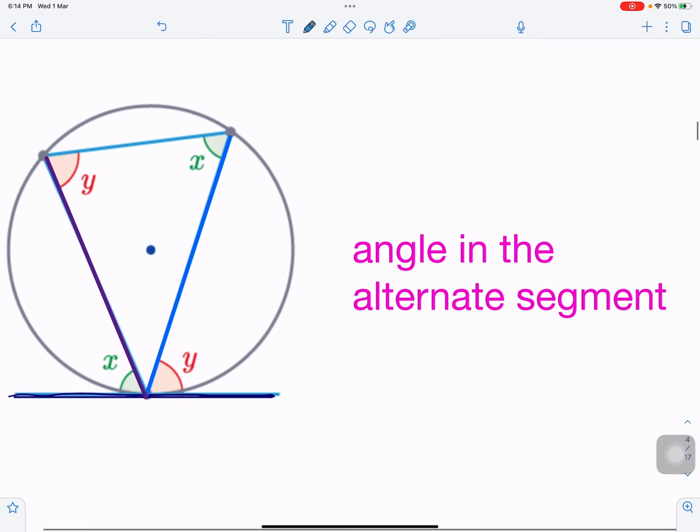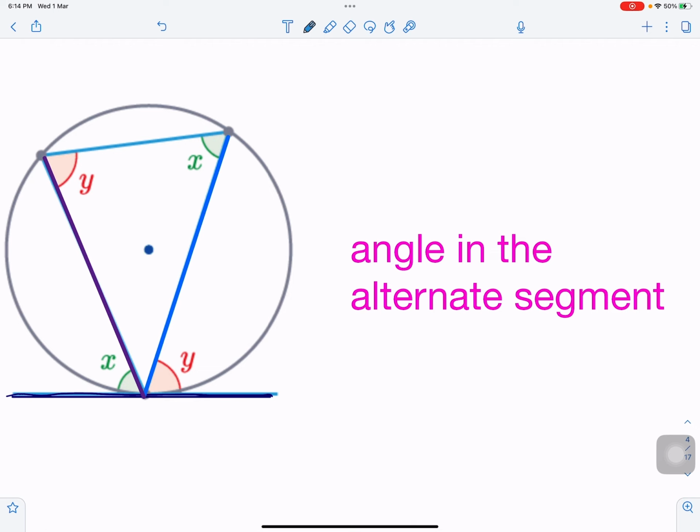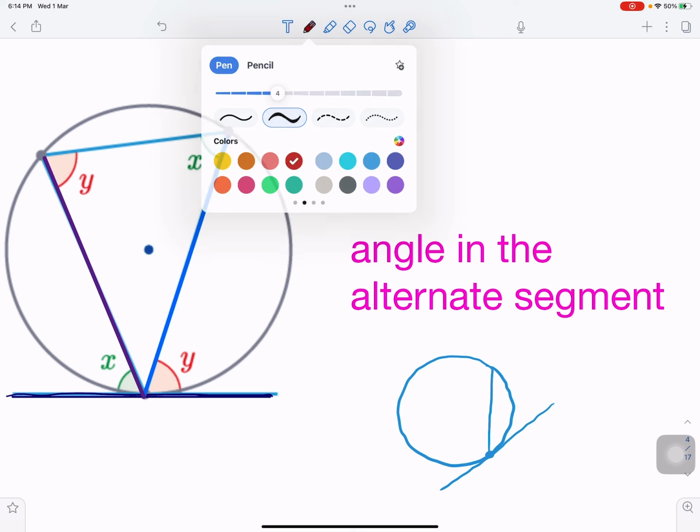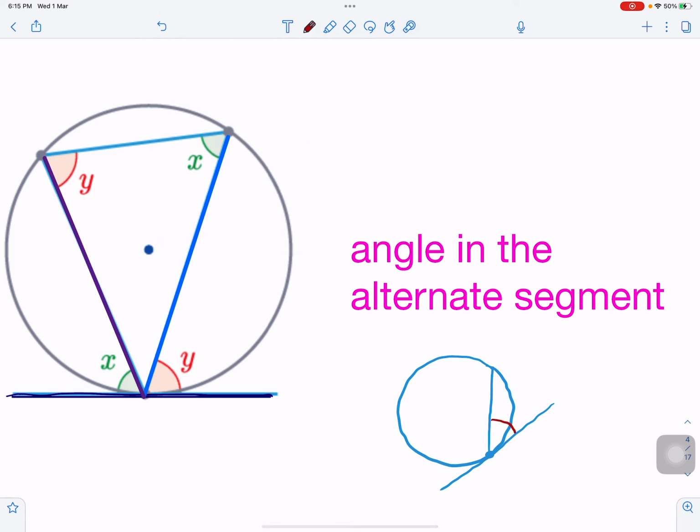Let's see this. Angles in the alternate segment. This is where students usually make mistakes. Let me try to explain from here. Suppose I take a tangent here, and from the point of tangency, I draw one chord. This is my chord, this is my tangent.